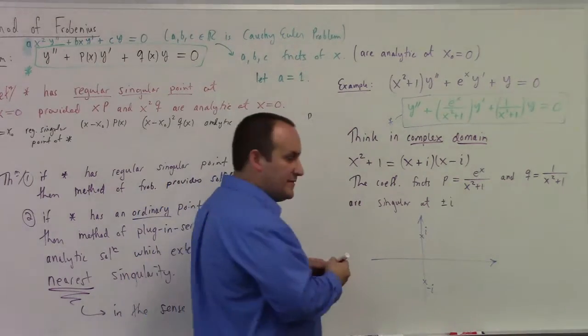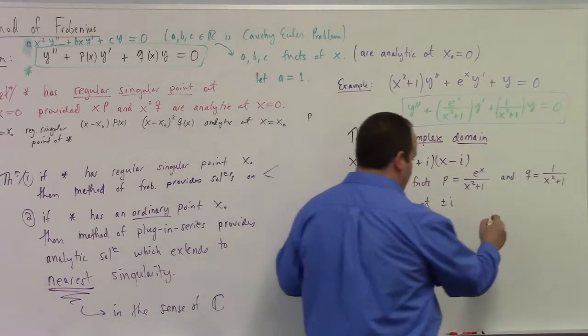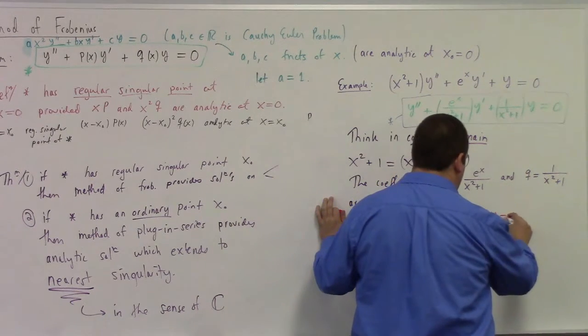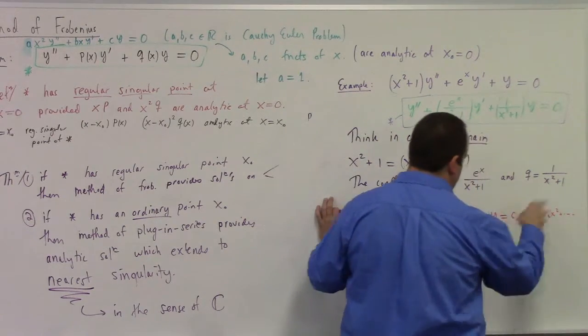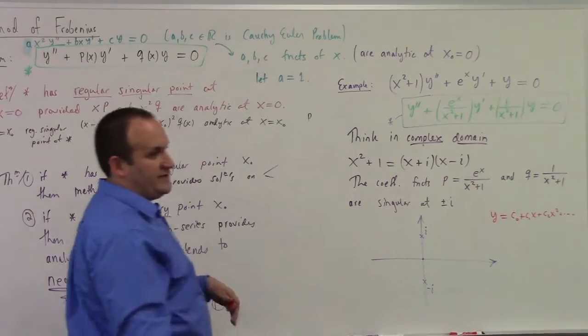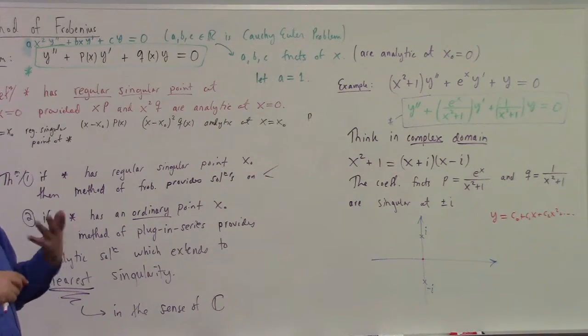Let's start with 0. If I look for a solution to star, in other words, y equals c0 plus c1x plus c2x squared plus dot dot dot, I plug it into star and find the coefficients. How far will that provide a general solution to star?